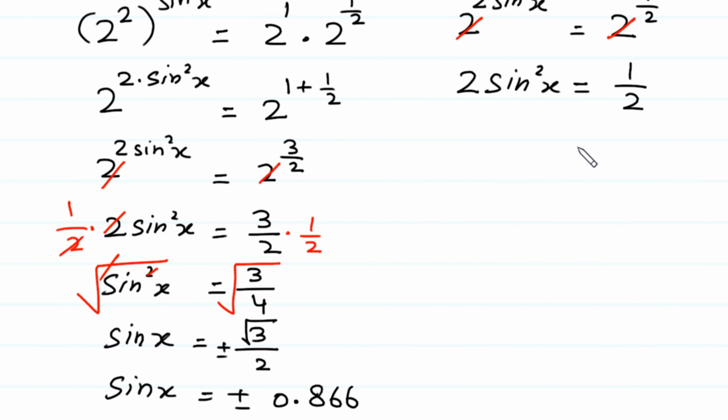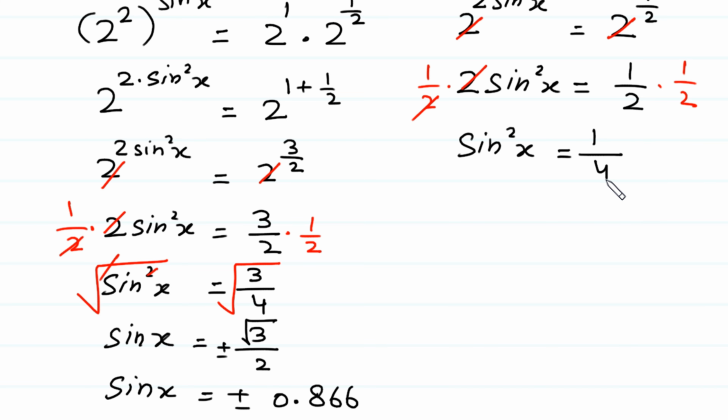Next we multiply both sides by 1 over 2. At right side multiply by 1 over 2 and at left side multiply by 1 over 2. This 2 will be cancelled with this 2, and here left sine square x is equal to 1 over 2 times 2, which is 1 over 4.